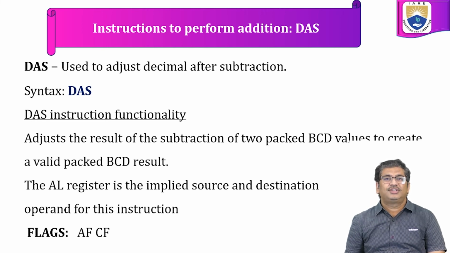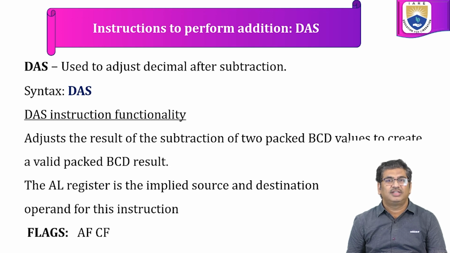The DAS instruction adjusts the result of the subtraction of two packed BCD values to create a valid packed BCD result. The AL register is the implied source and destination operand for this instruction. The flags affected are the auxiliary flag and the carry flag.